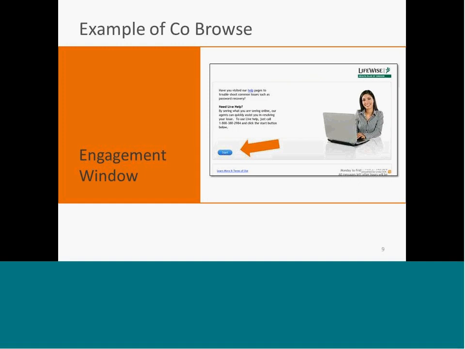The engagement window is a configurable page where you're able to enter your company's logo, your company's colors, and also disclaimer information. The nice thing about co-browse is a customer is accepting it, and they're accepting it by going through two steps. A customer only has two.